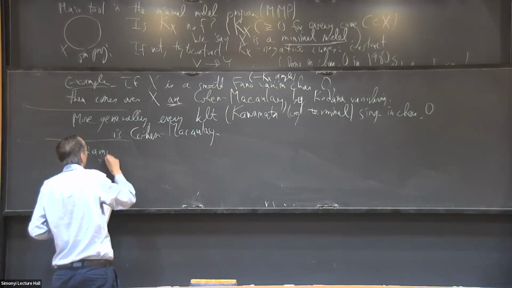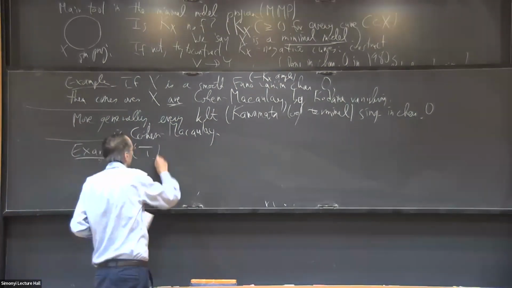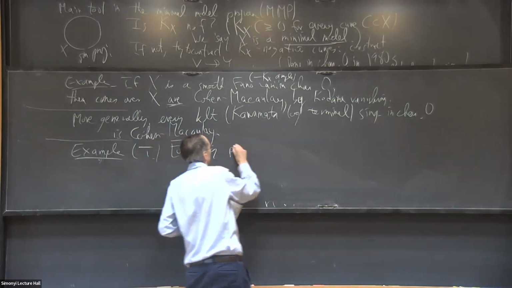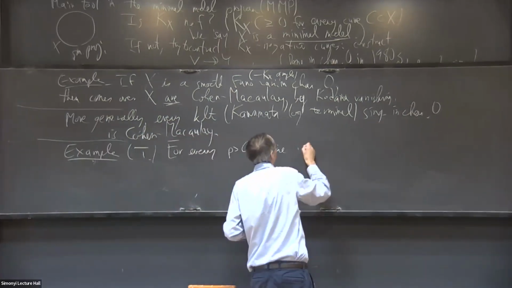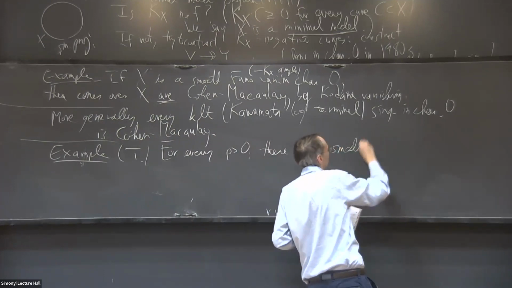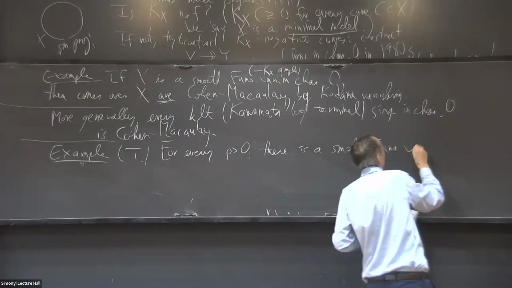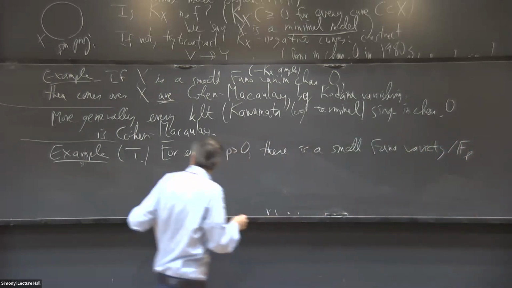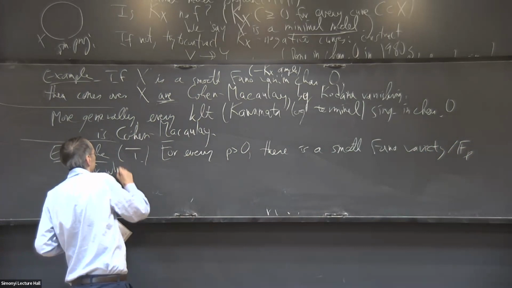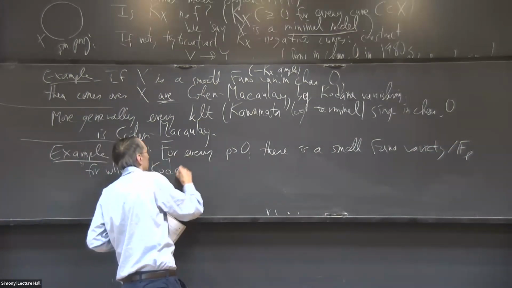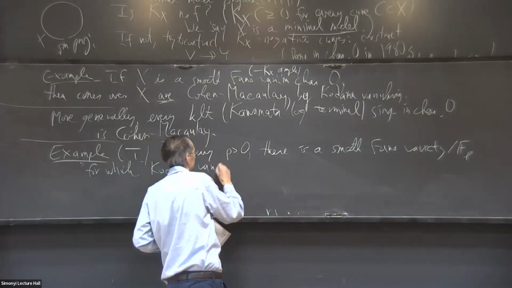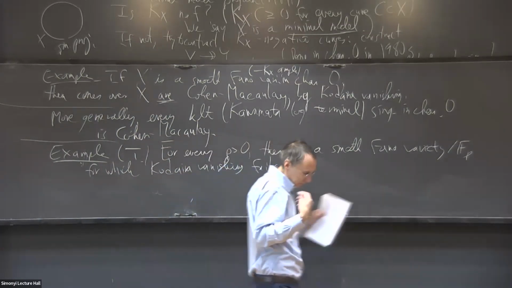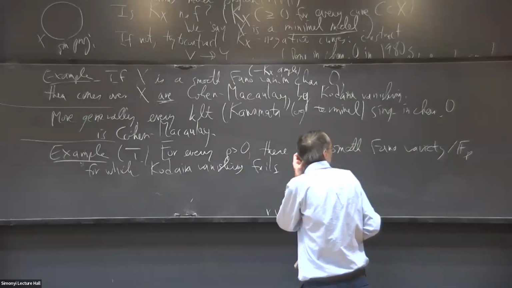Examples from earlier: for every p greater than 0, there is a smooth Fano variety, let's say over F_p, for which Kodaira vanishing fails. So there's some ample line bundle for which this desired property fails.